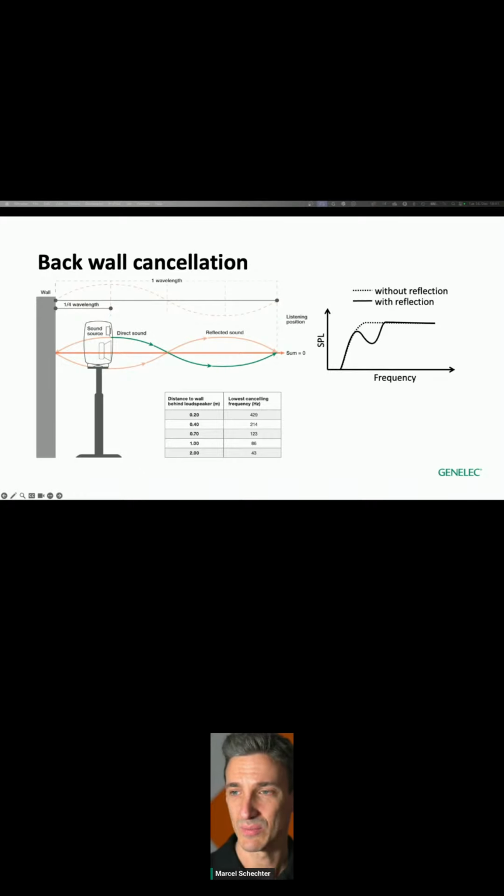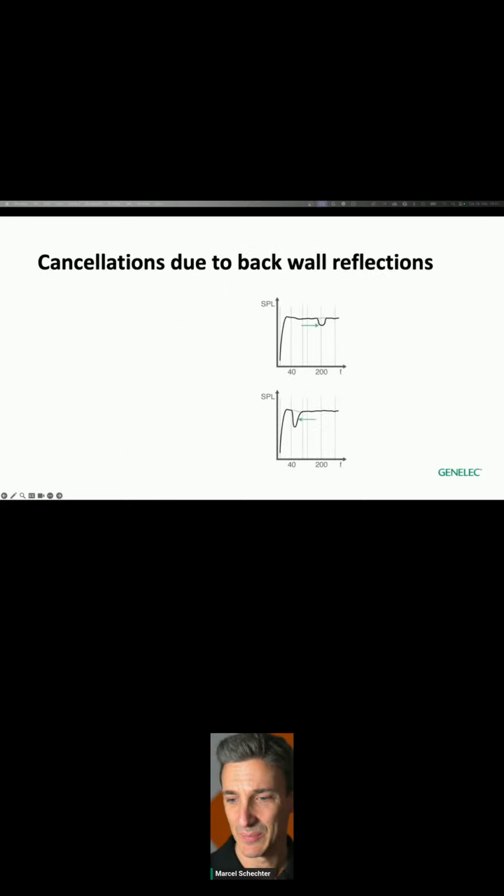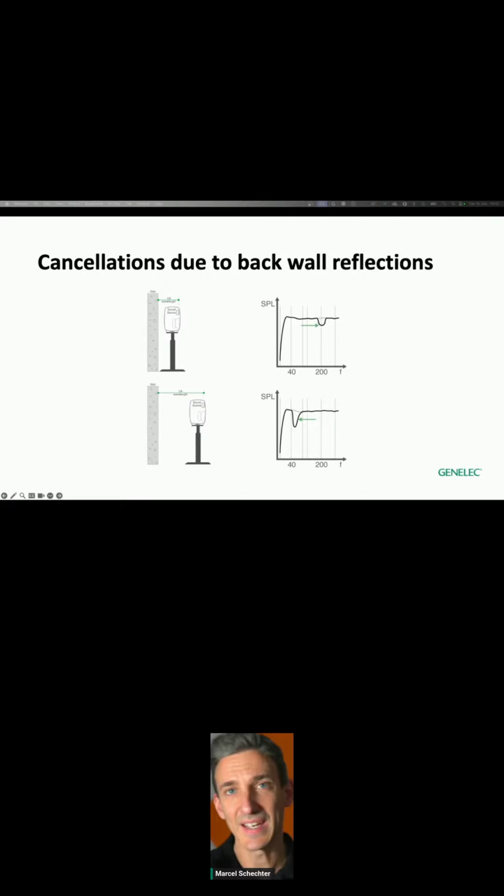This is just once more a way of showing what's happening. And what's also interesting to see is that the closer I get to the wall with the speaker, the shorter this quarter wavelength is. This means the higher the frequency that is cancelled out is. Which means if we have a higher frequency, the speaker already gets directive.